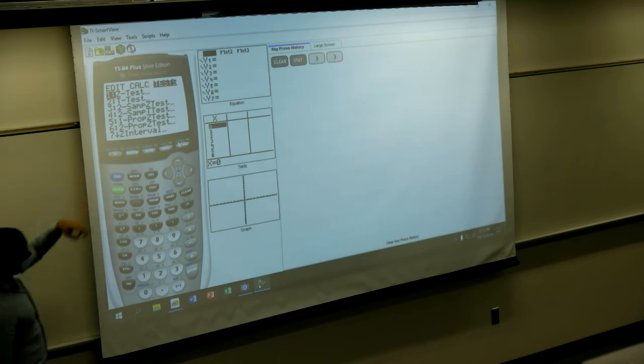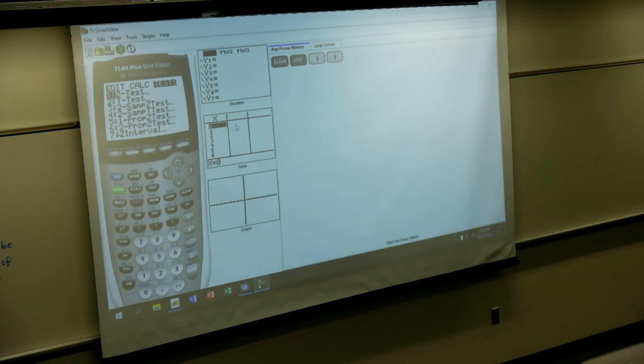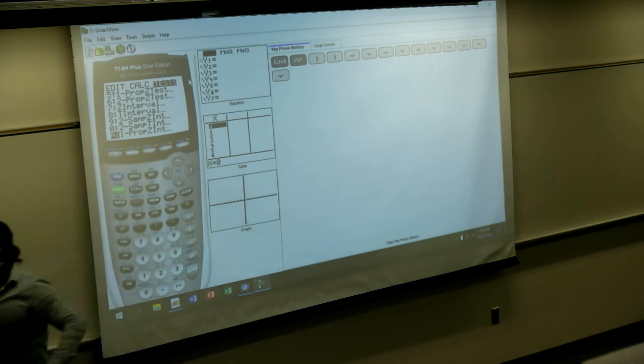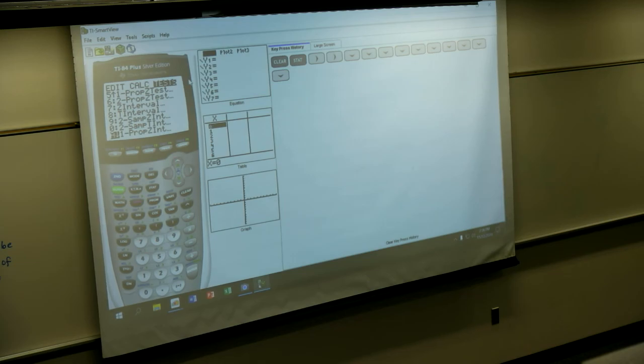So skip all options, and the most common mistake that a student would make is pick option number 7. Do not pick option number 7. Even though we are using Z, which is standard normal, that interval doesn't apply here. Scroll down, go past T interval, and option A in my calculator is 1-PropZInt, or 1 prop Z interval. So select that.